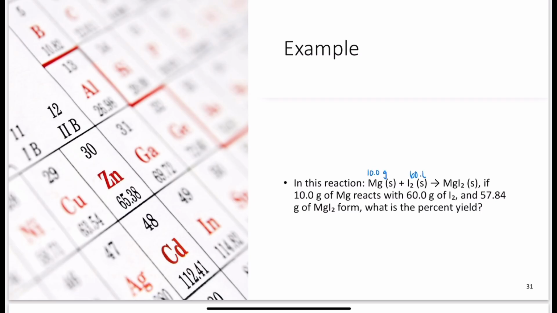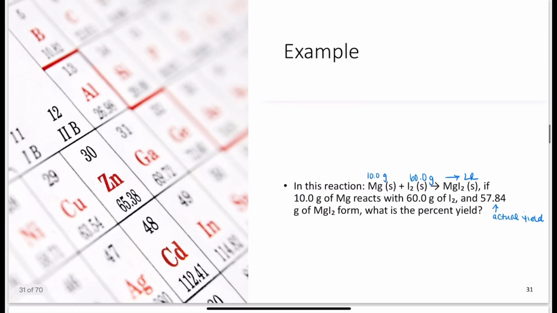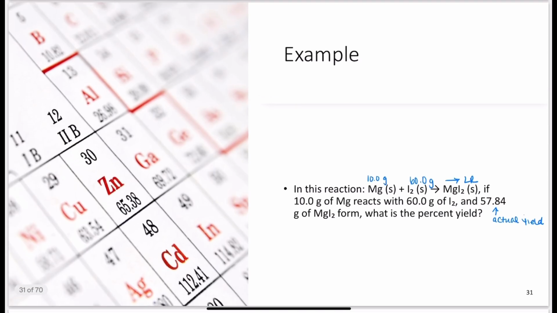But oftentimes you're going to see that your reaction never actually reaches 100%, and this is due to things like some reactions don't go to completion. In fact, a lot of reactions don't actually go to completion. They go to an equilibrium state, which we will spend more time on in Chem 2. You could have impure reactants, so the amount of reactant that you thought you had to start was actually less than the amount you actually had.